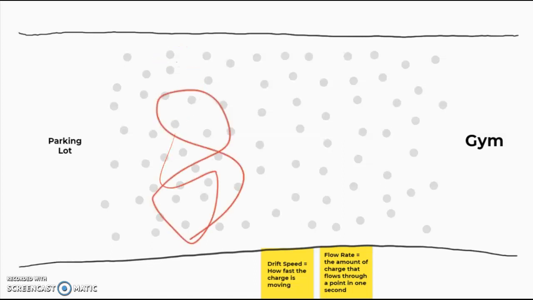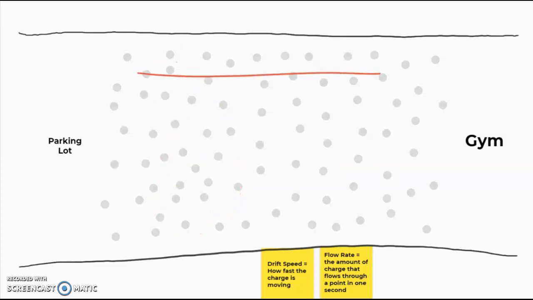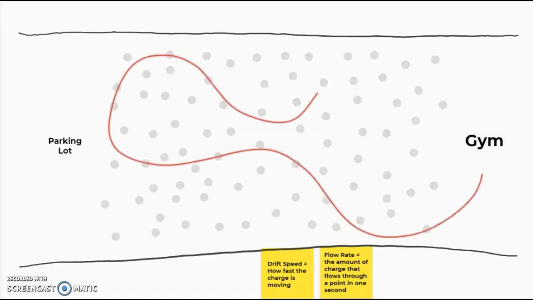All of these people are able to move at the same time through that big door. And so we have a very high flow rate, because the amount of people that can move from the parking lot into the gym in 1 second is very high, because there's a lot of room for them to move.